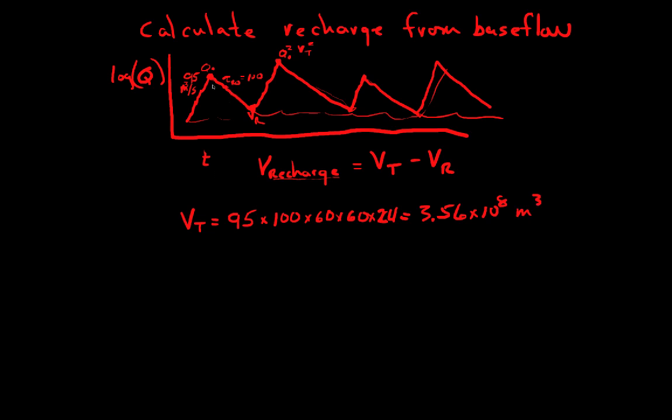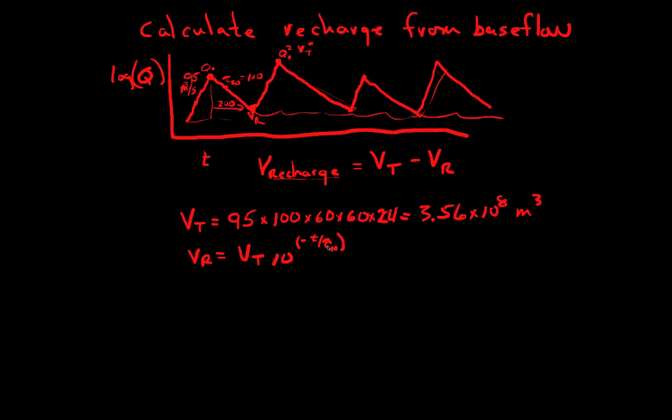Now let's assume that we measured how long the recession occurred, and let's say the recession extended over 200 days. So V remaining is going to be equal to V total times 10 to the minus T over tau base 10.